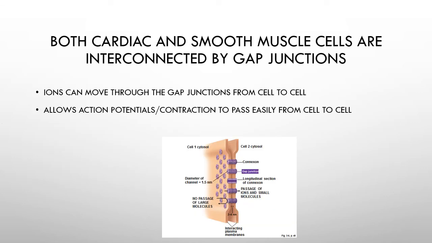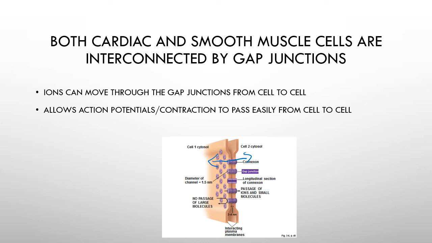That propagation of the action potential is made possible in both cardiac muscle and smooth muscle via gap junctions. Cardiac muscle has very little sarcoplasmic reticulum. Smooth muscle basically has no sarcoplasmic reticulum. So we've got to be able to get the calcium ions and sodium ions through the cells through these gap junctions.